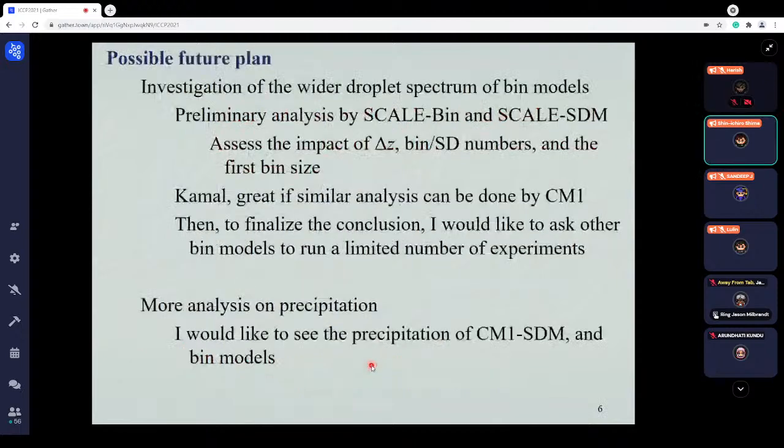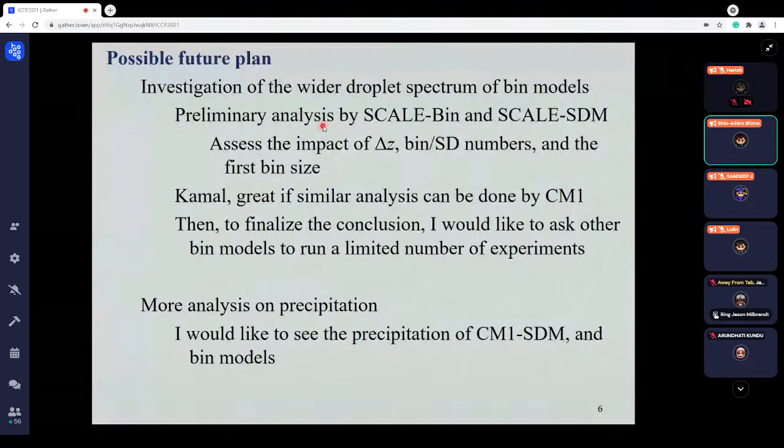So this is the possible future plan in my mind. I definitely have to consult with all the participants, but I think we have to do some more detailed investigation of the wider droplet spectrum of beam models, and also more analysis on precipitation.